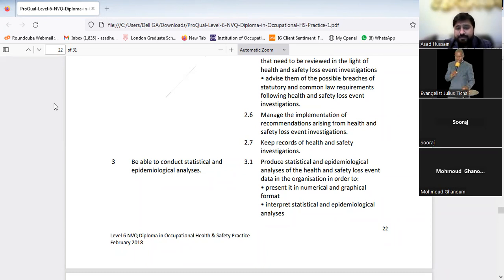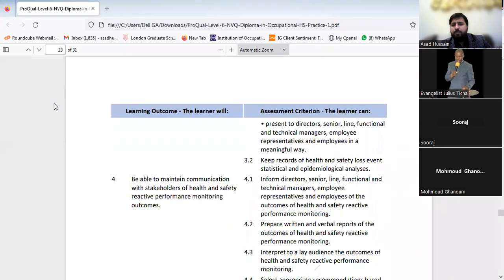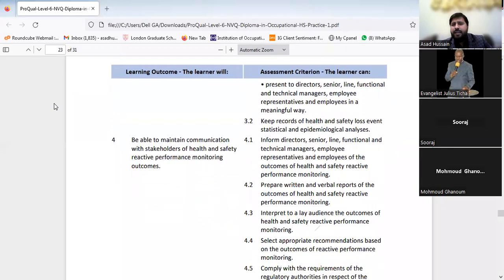In this regard, 3.1 is to produce statistical and epidemiological analysis of the health and safety loss event data in the organization in order to present it in a numerical and graphical format, interpret the statistical and epidemiological analysis, and present to directors, senior line functional and technical managers, employee representatives, and employees in a meaningful way.